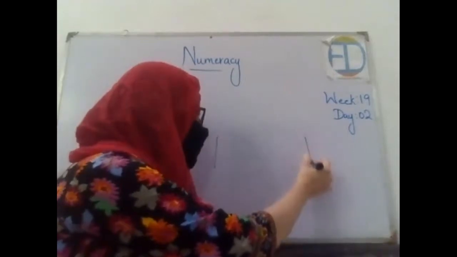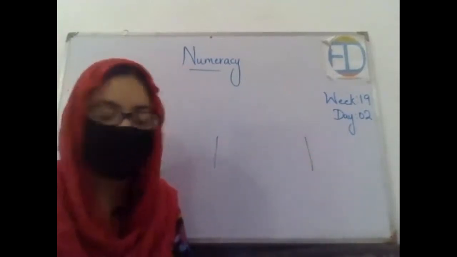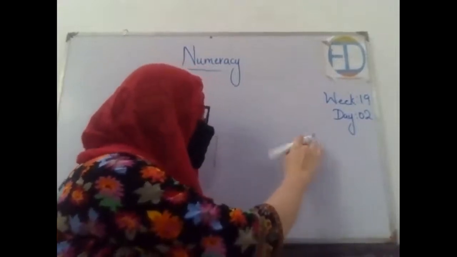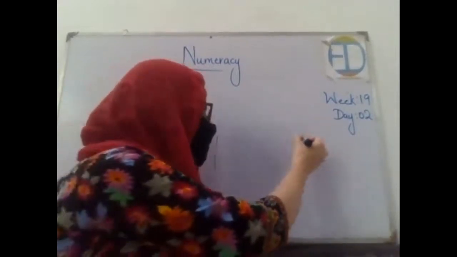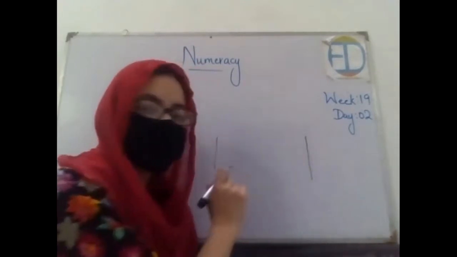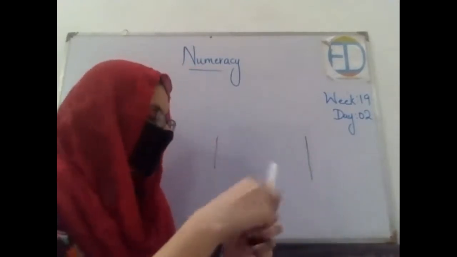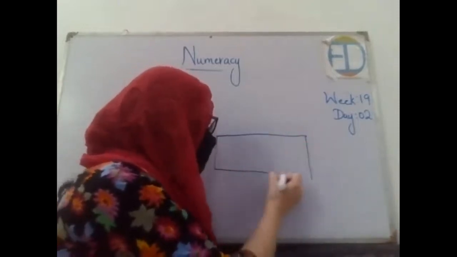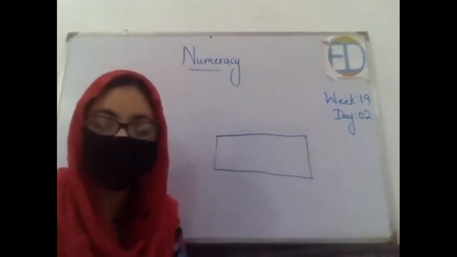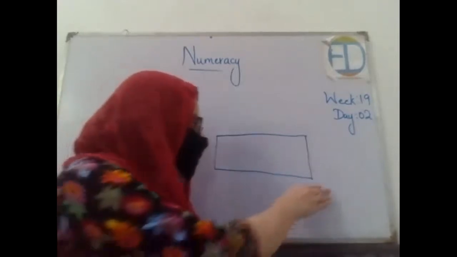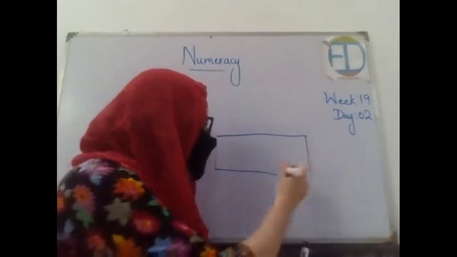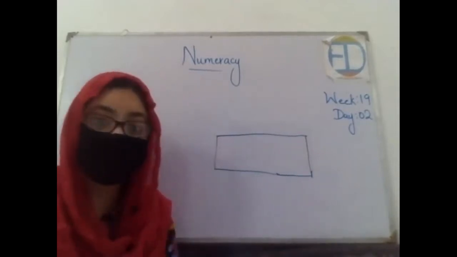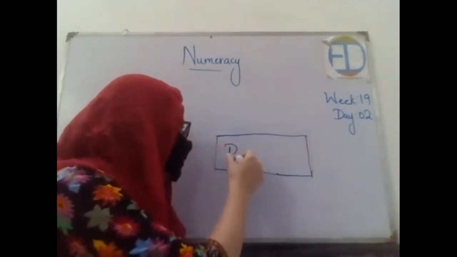These two sides are equal in length, and then we have these two sides which are also equal in length, right? So can you tell me the name of this shape? What is this? It's a rectangle. Very good.